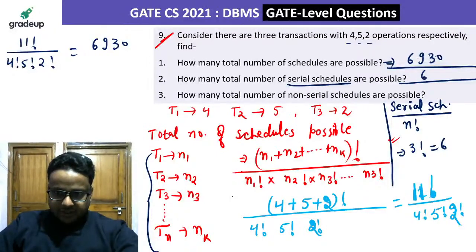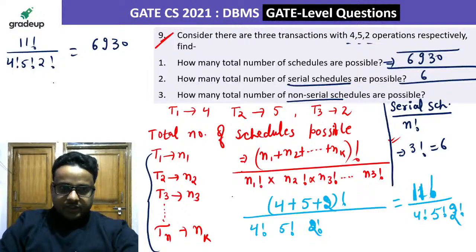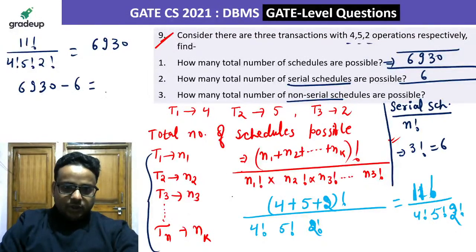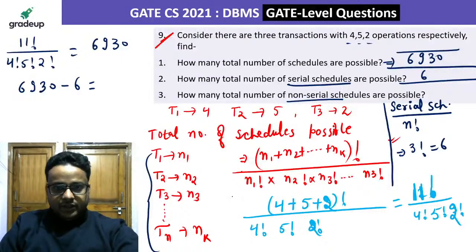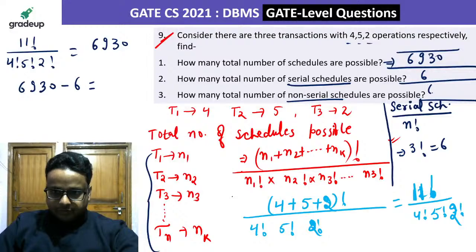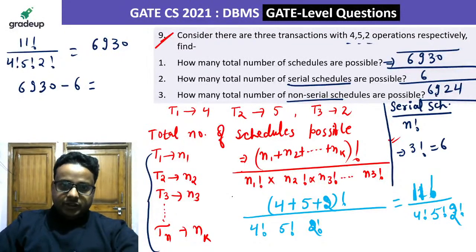And non-serial will obviously be 6930 minus 6, so you will get the non-serial schedules as 6924. So this will be the answer of these 3 questions.